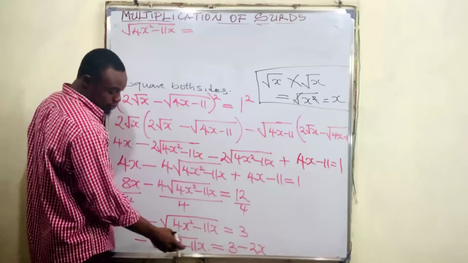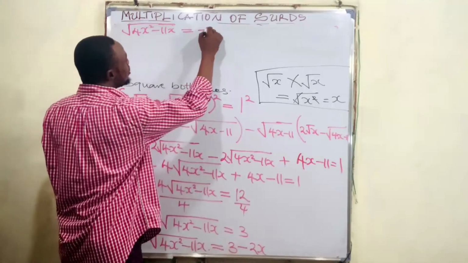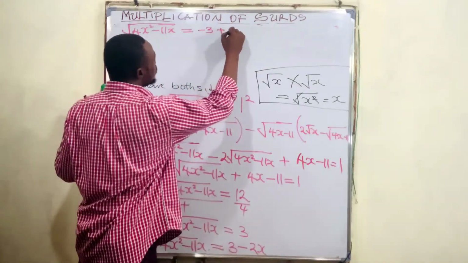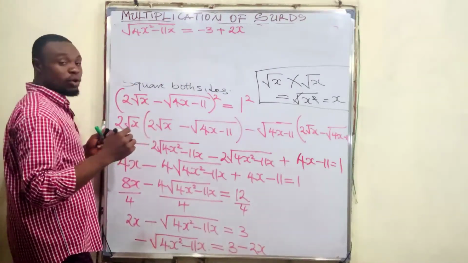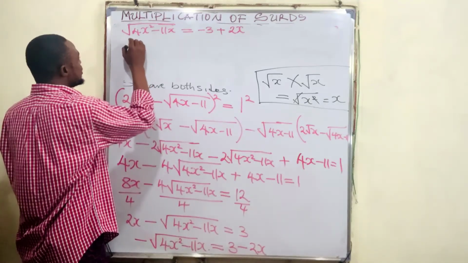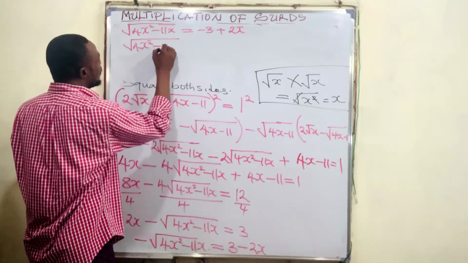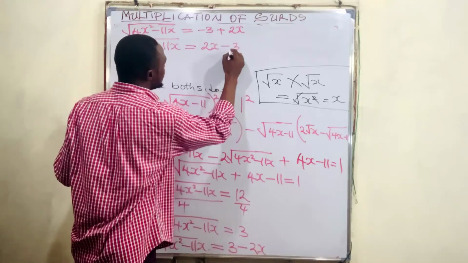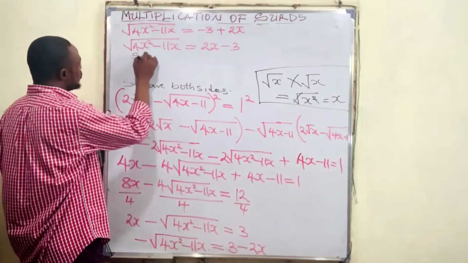So minus times minus is plus, so this is now plus. Minus times this plus here gives us minus 3. And minus times this minus here gives us plus 2x. Okay? So we can equally rearrange. So if we rearrange this, we now have the root of 4x squared minus 11x to be equal to 2x minus 3. Beautiful.